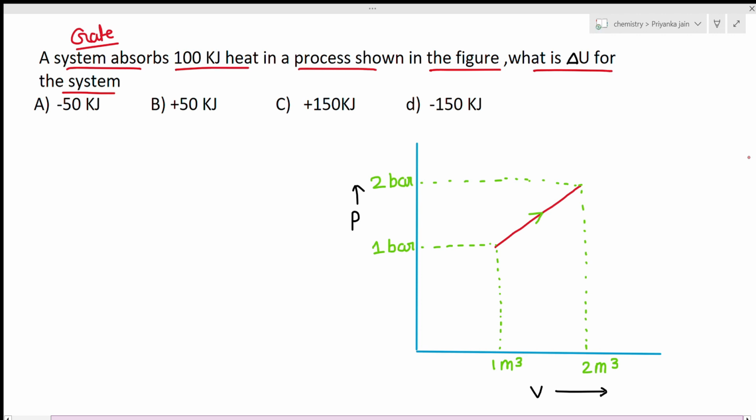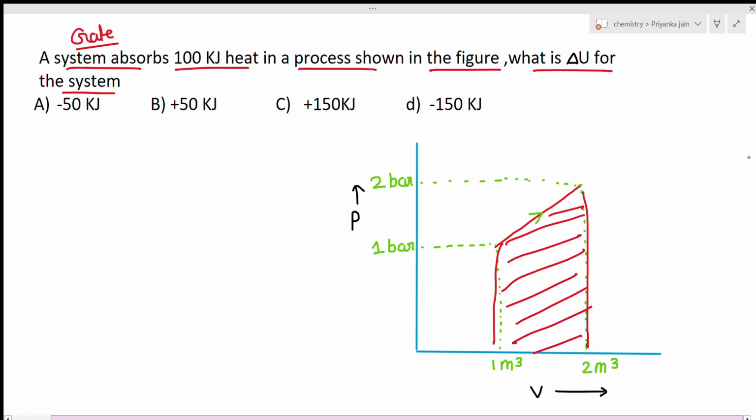It means if we see the area under the curve, then we can find out the value of W. I have told you that from the PV curve, the area under the curve gives the work done. So for work done, you will have to identify this area. Once you know the value of work done, then you can calculate the value.